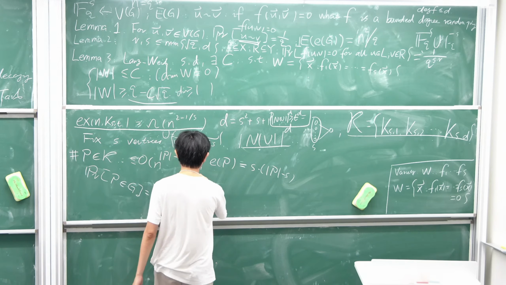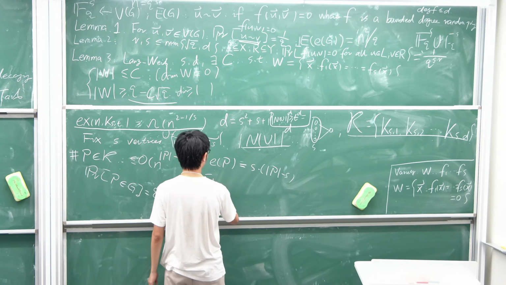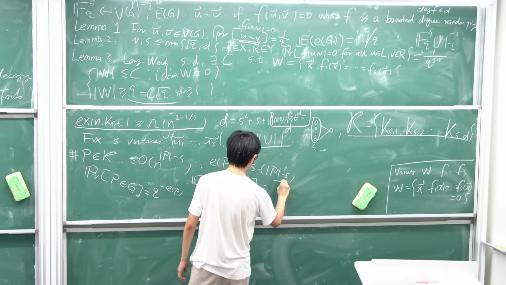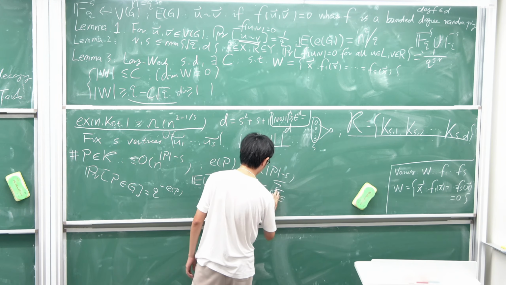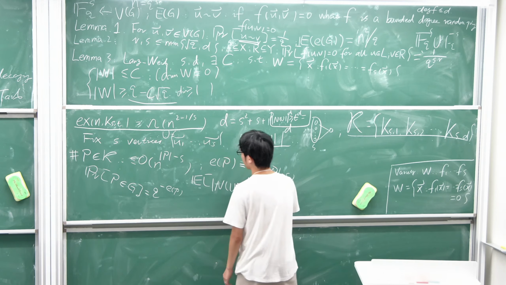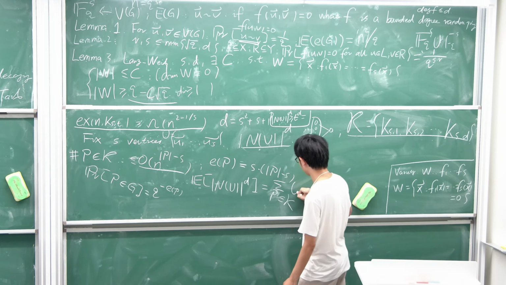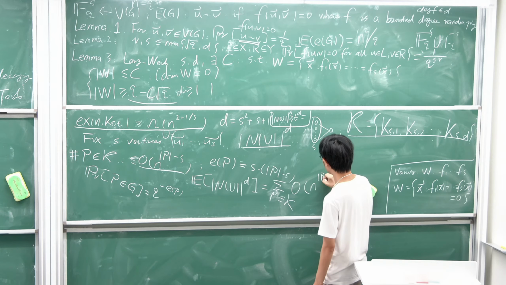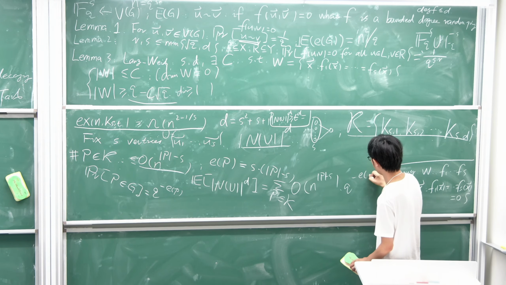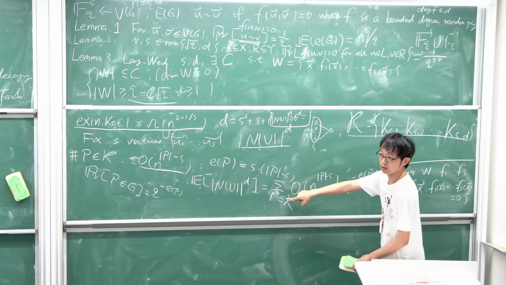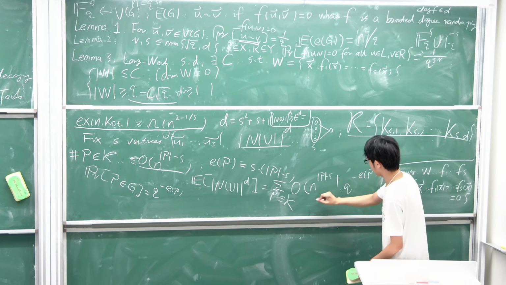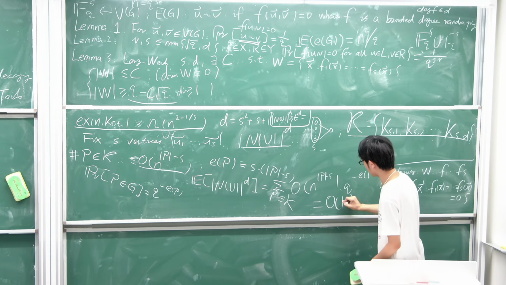That means the expected number, we can sum over all the members in the collection K, and this number n to the P minus S times Q to the minus S, and sum it together, and this is bounded by some constant.